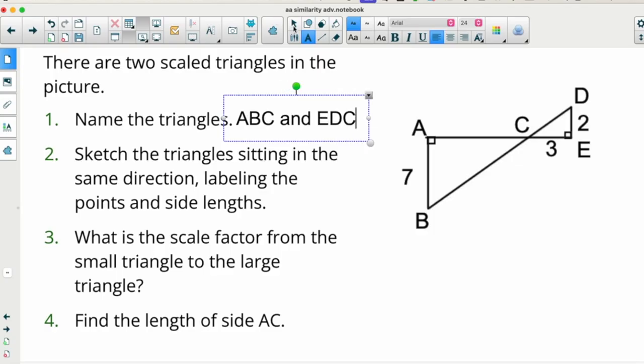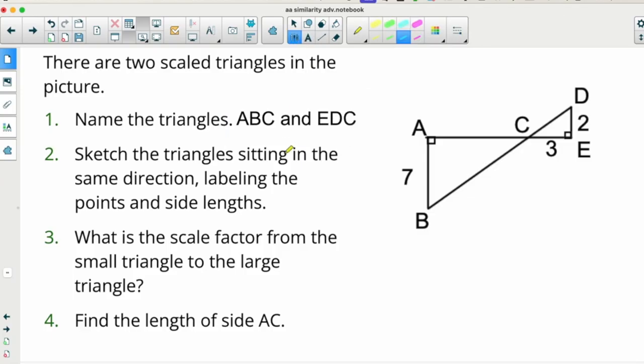And it says sketch the triangles sitting in the same direction, labeling their points and their sides. So this angle marking here is going to be really important. And later we'll learn that these angles that are directly across from each other are congruent, which means that our third angle is also congruent.